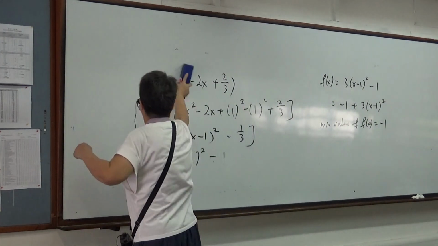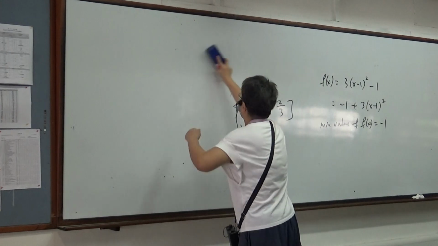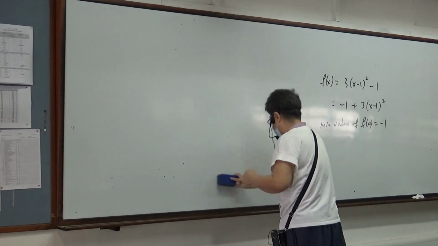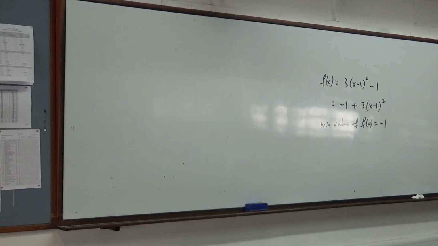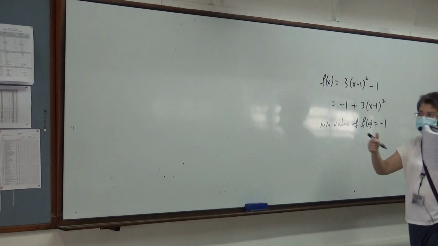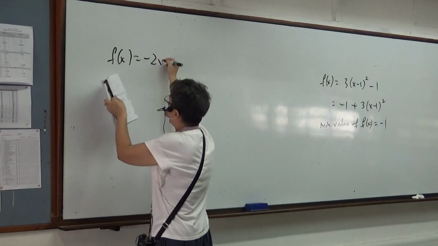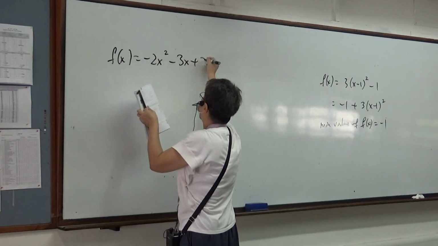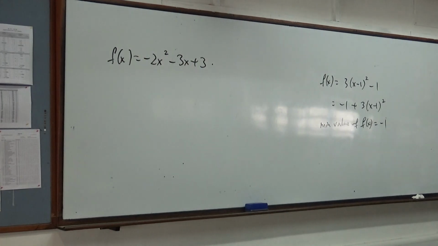Or second part. Let's look at the second part. f(x) is this. This is what I'm worried about. It's a negative coefficient. Now, remember in AS, I told you already.